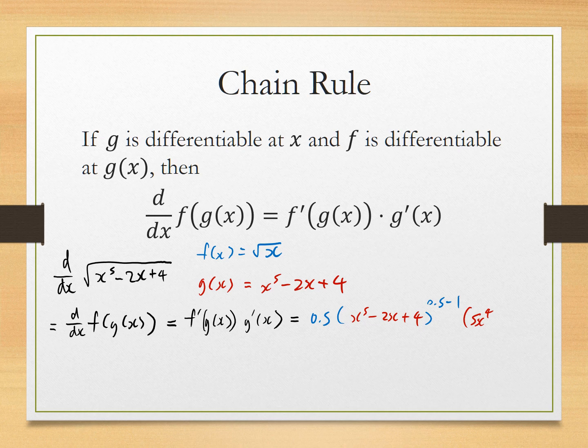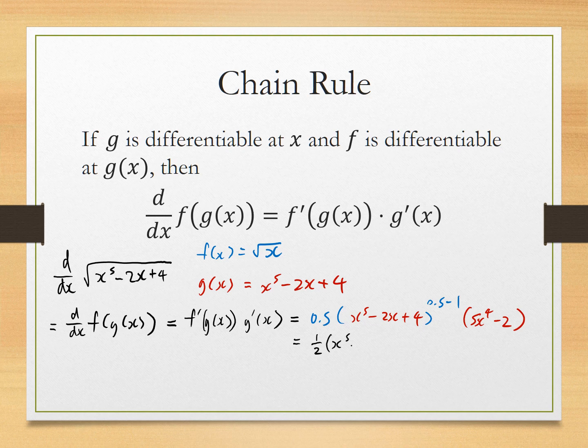Then minus the derivative of 2x, that's minus 2. Then plus the derivative of 4, which is 0. So this is what the slope of this function is, according to the chain rule. And once again, in this particular case, you can put it in half if you want, but it's not necessary.